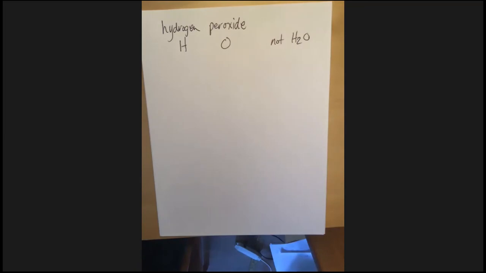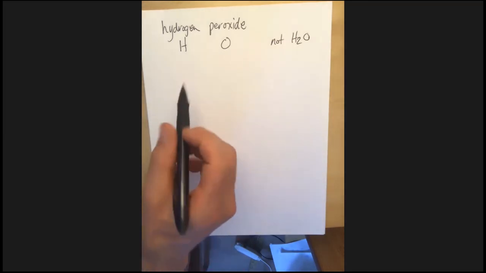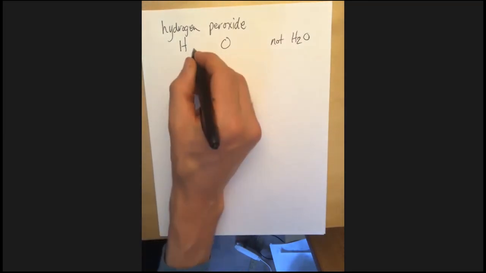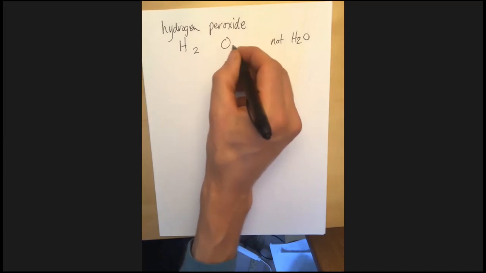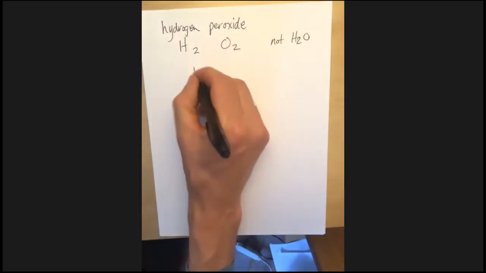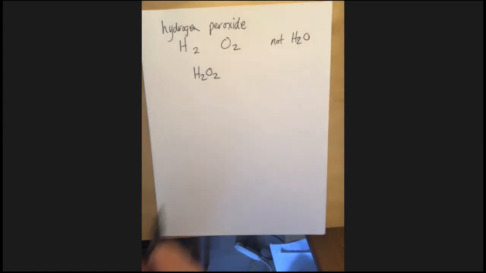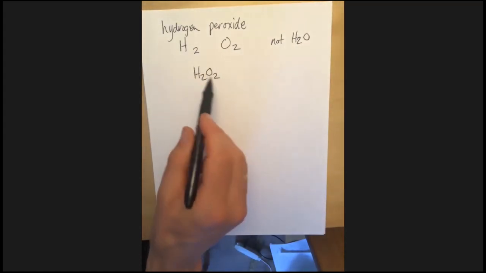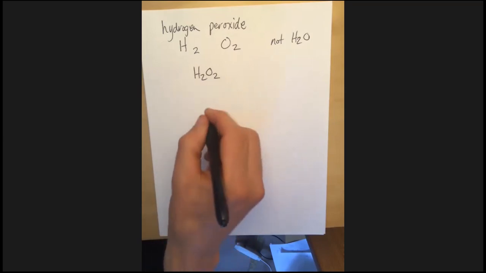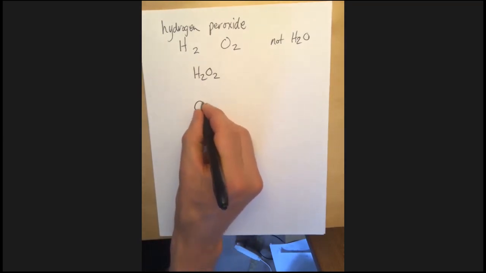It's a liquid, it's clear, but it has some other properties that make it distinctly different. In fact, the formula for hydrogen peroxide is H2O2. So we've got to somehow come up with some way of putting these atoms together that will have all of the bonds satisfied.